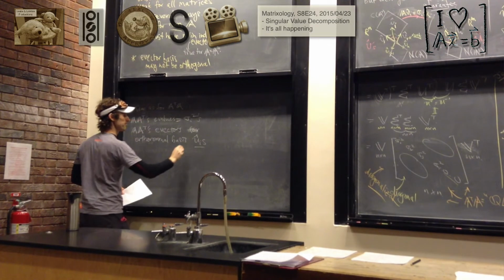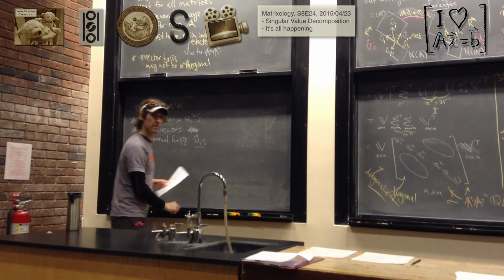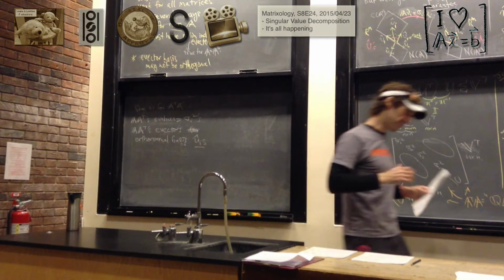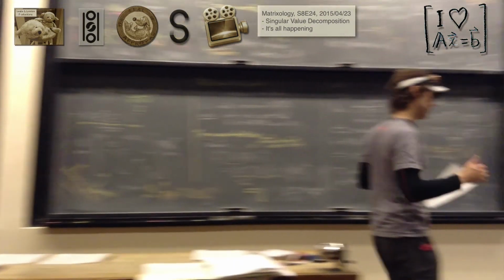These guys. So A transpose A gives us the V's, AA transpose gives us the U's.